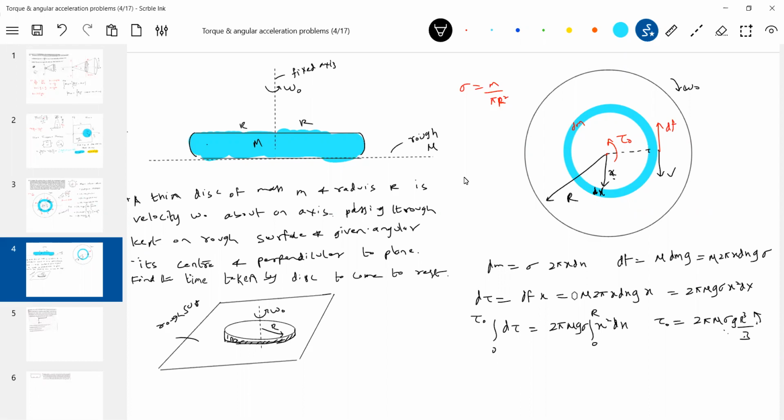What is the moment of inertia of the disk? M R square by 2 into alpha naught is equal to 2 pi mu sigma g R cube by 3.